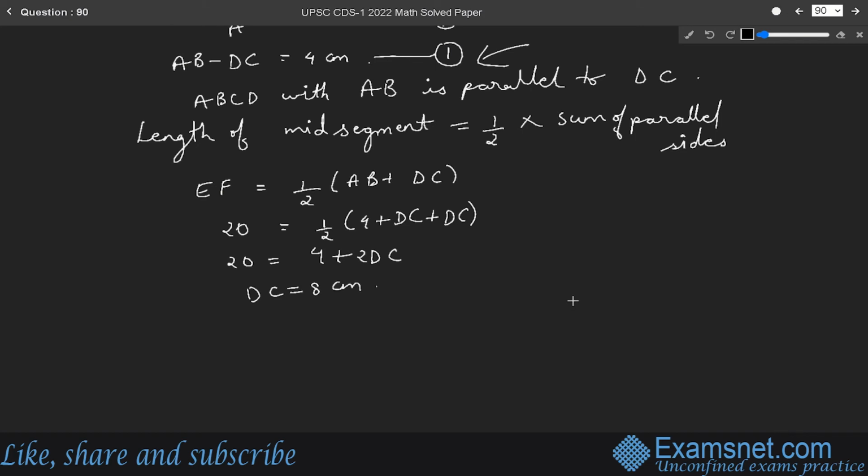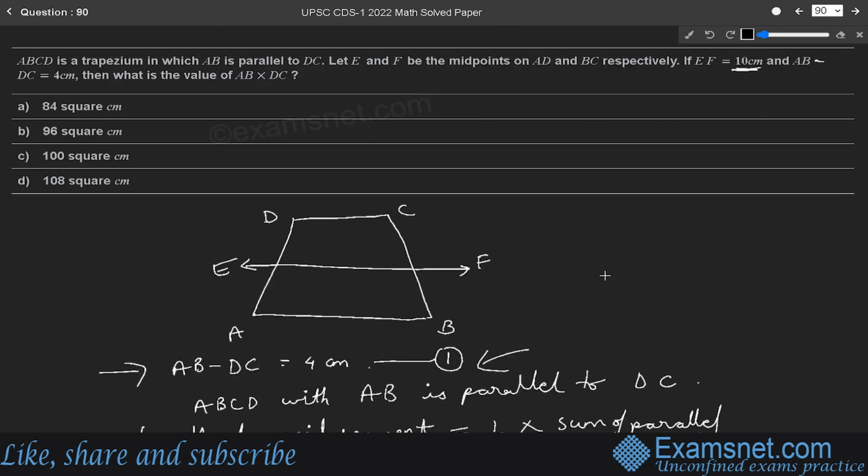Now putting this value in equation number 1, which is AB minus DC is equal to 4, we will get the value of AB. So AB minus 8 is equals to 4. So AB will be 12 centimeter. Now let us look at the question. We have to find the value for AB into DC.